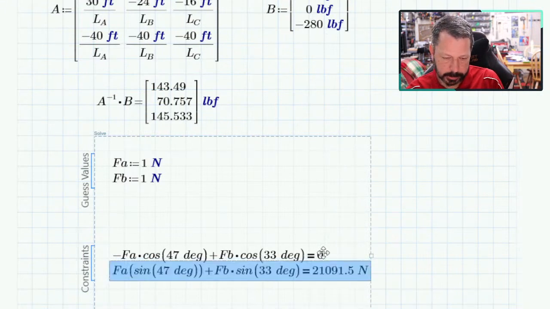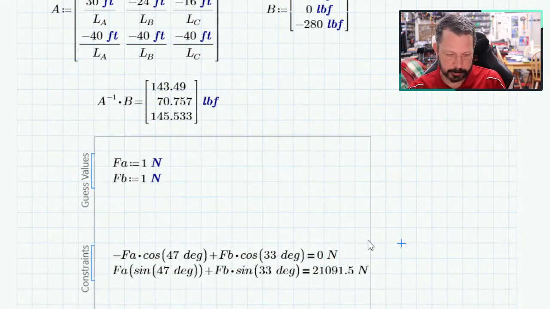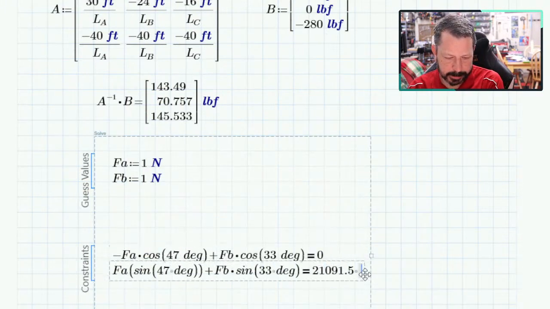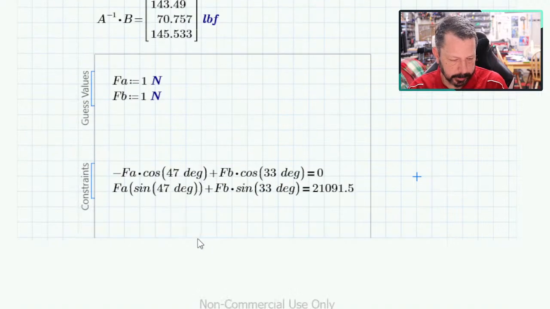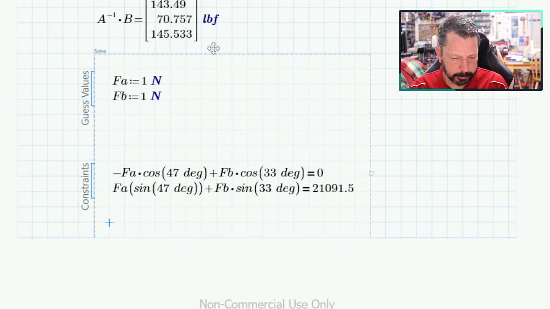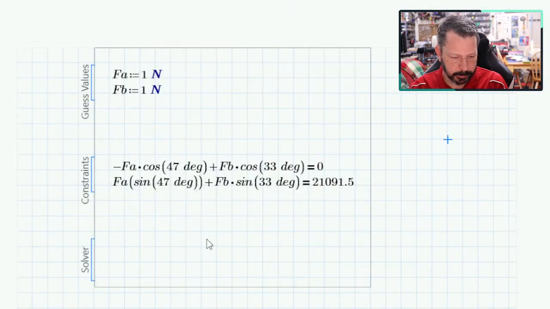I need to add newtons to this 0 up here, or it'll not be happy with that. Actually, I'm going to leave those units off because it is not recognizing them as units, so we'll just leave them off. Let's move my block down to the next page so it's not chopped up. There we go.